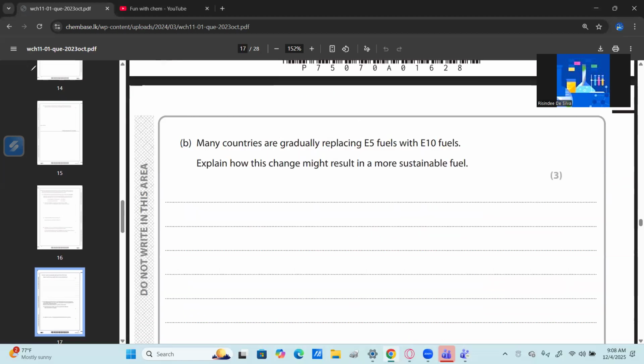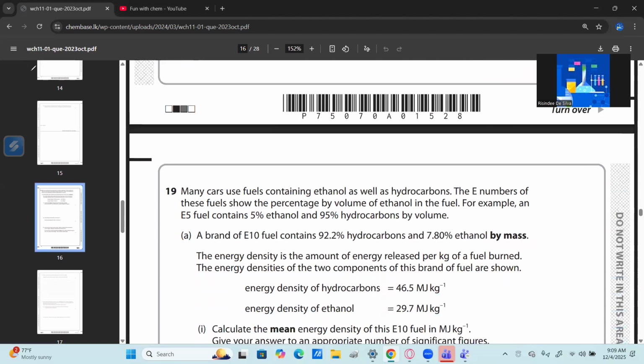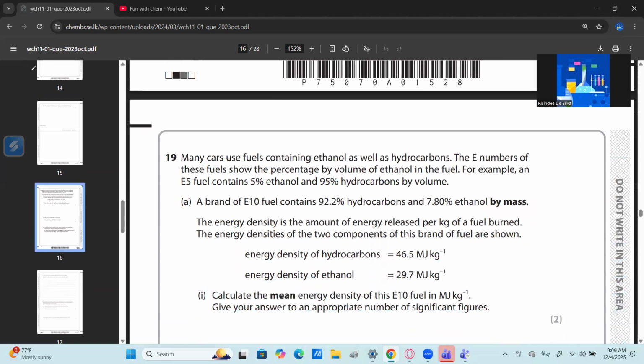Many countries are gradually replacing E5 fuels with E10. Explain how this change might result in a more sustainable fuel. So if you compare E5 and E10, we can see in E10, it has 92.2% hydrocarbons, 7.8% ethanol. In E5, 5% ethanol and 95% hydrocarbons.